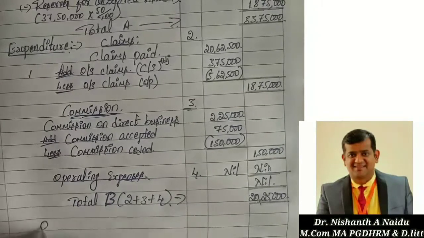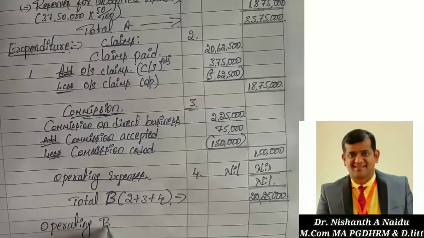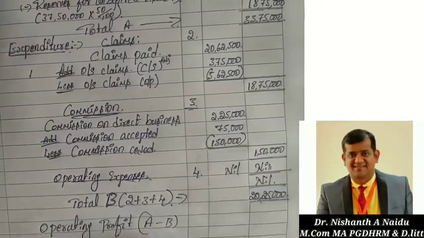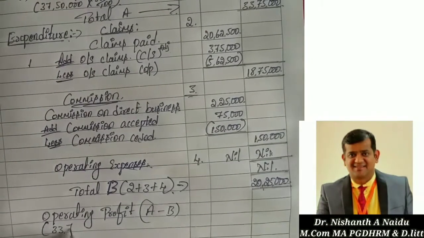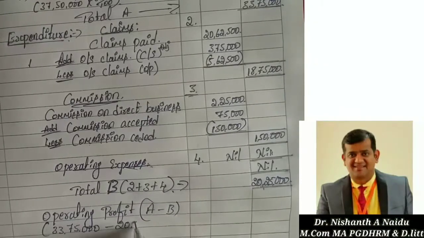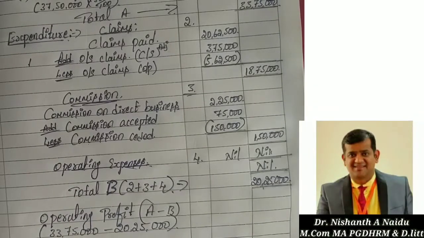So let us write operating profit, that is A minus B. So that means 33,75,000 minus 20,25,000. Check out how much you will get. 33,75,000 minus 20,25,000.